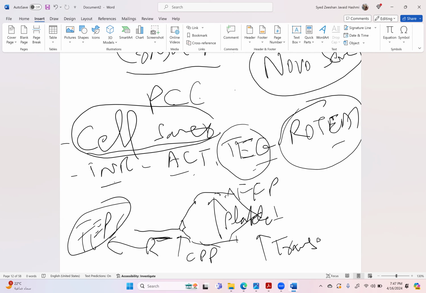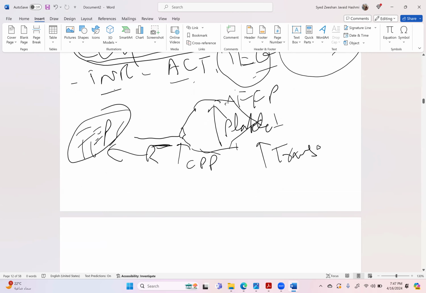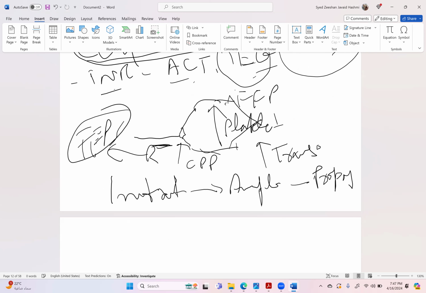And the last is Novo 7, recombinant factor 7. It is involved not only in the initiation, but also in the amplification and propagation of the cell-based model of coagulation.